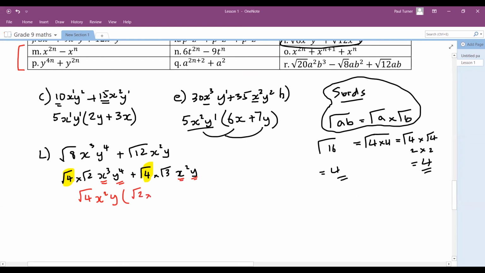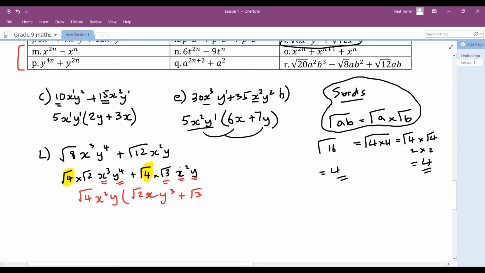You've got x cubed and x squared, so there's an x. There's an x left. You've got a y4 and a y. So now you've got a y cubed left here. Okay. And then you've got a root 3 here. You've got x squared.